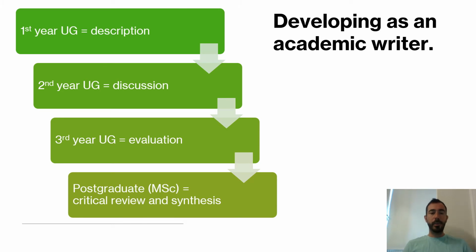As a postgraduate researcher, you should do all of these things, but extend them even further, doing the critical evaluation, critical analysis, and critical review that I showed you on the previous slide. You should also be synthesizing new information from your own research and from the literature. Yes, there might be areas of an MSc Research Project that use description, your methods and results, for example.